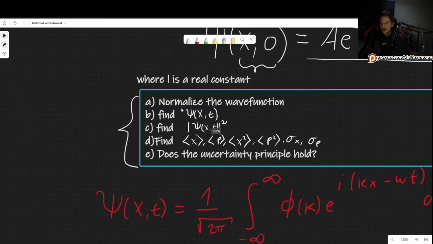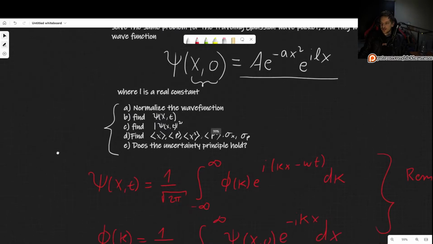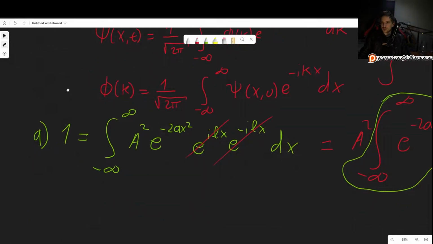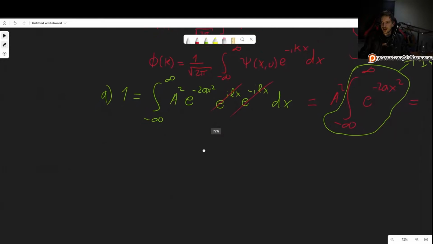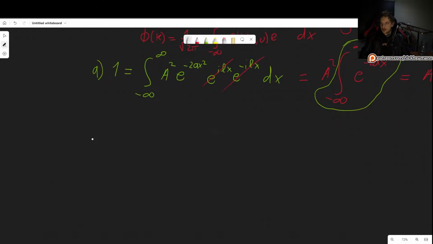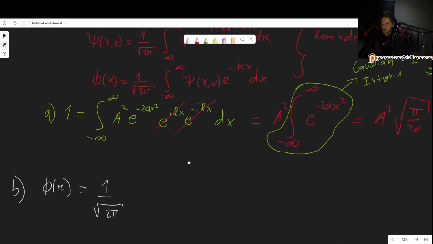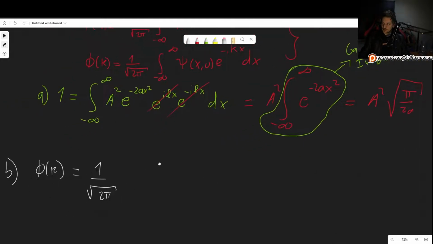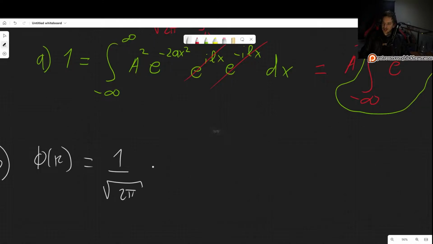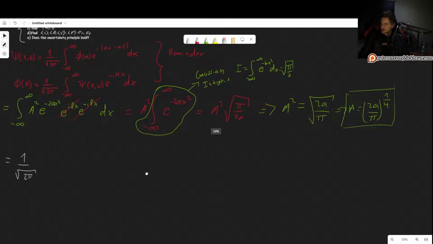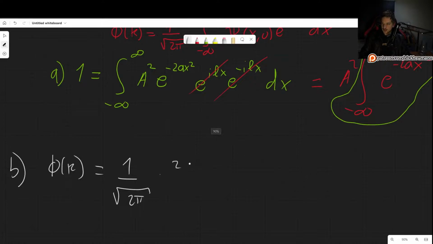Now part B asks us to find the wave function as a function of time. As I mentioned, in order to do that, we first need to find this phi of k. So phi of k, part B, this is 1 over the square root of 2 pi. But now let's plug in the wave function. So we plug in A, which we know is 2a divided by pi to the 1/4 power.